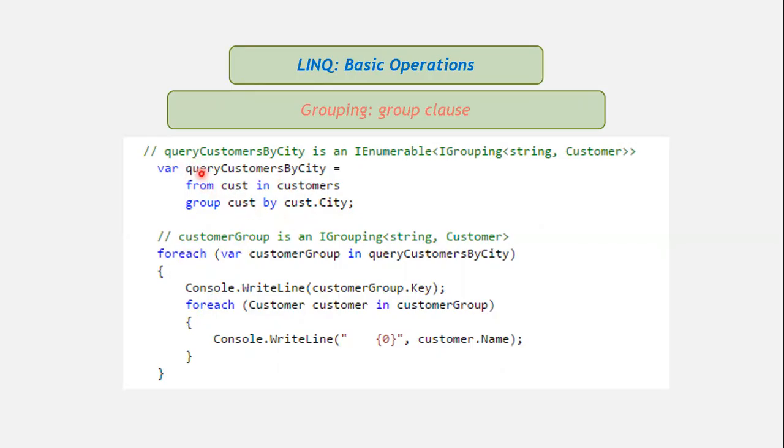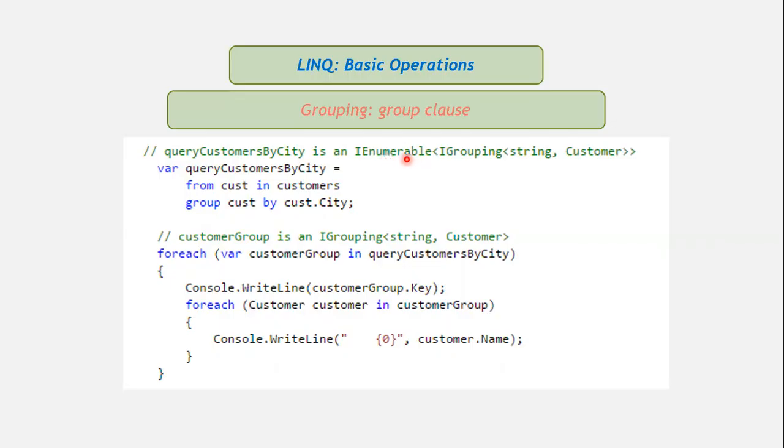just to understand the data type of query customers by city, you see we have written here that the data type of query customers by city is actually IEnumerable, and in the last lecture we studied that a LINQ query is supported by all the collections which are supported by the IEnumerable interface or generic IEnumerable interface.